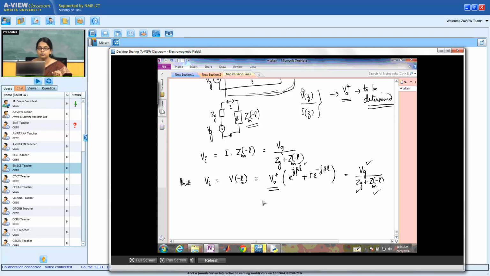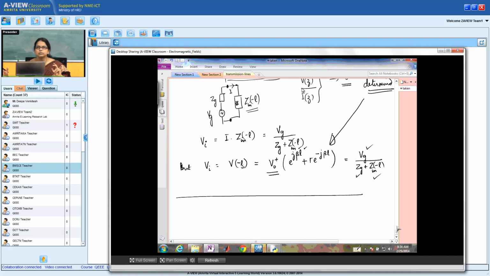So the only unknown here is V0. So V0 can be calculated from this. So that completes the understanding of what really happens to the voltage and current through the transmission line when you connect a voltage source to the line.